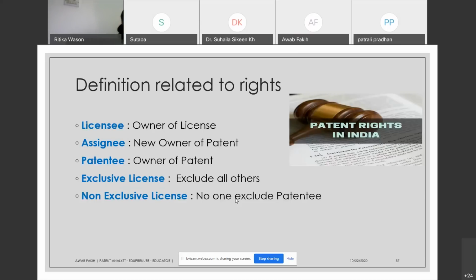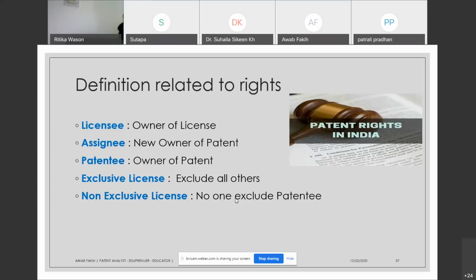So let's understand. The patent is owned by Team A, by all the audience in the chat room, and Team B wants the patent. So team A can license their patent in two different modes. For example, team A can license the patent in the exclusive mode.